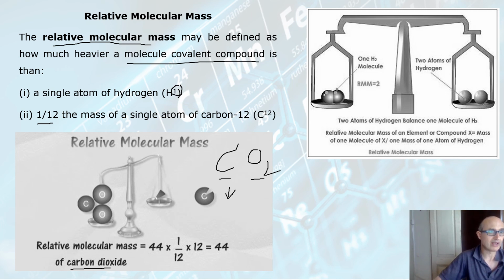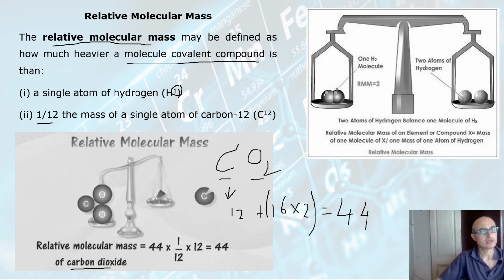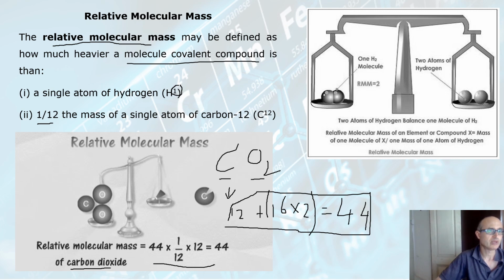Carbon is 12, and oxygen is 16 multiplied by 2, because I've got 2 oxygen atoms, so all in all, that will work out to be exactly 44. So that's all you have to do. You can also check out the calculation at the bottom over here, but I prefer to explain it in this manner. Perhaps it's clearer, which is why I am doing this in the first place.